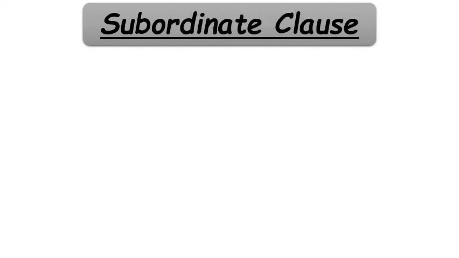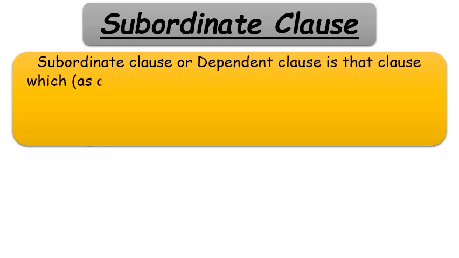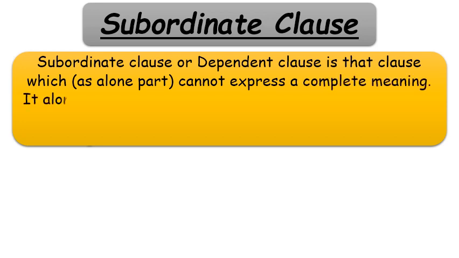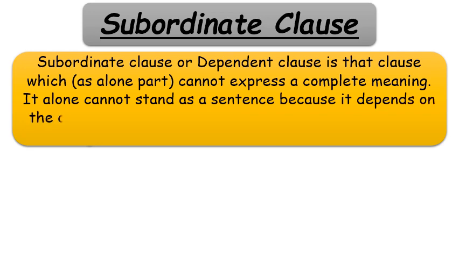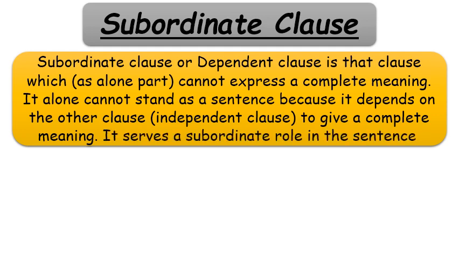Let's see what is the meaning of subordinate clause. Subordinate clause or dependent clause is that clause which as a lone part cannot express a complete meaning. It alone cannot stand as a sentence because it depends on the other clause, that is the independent clause, to give a complete meaning.